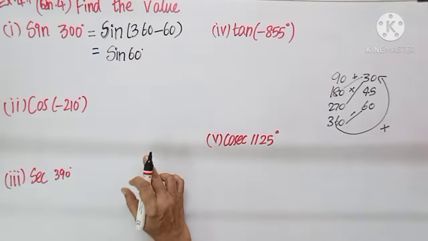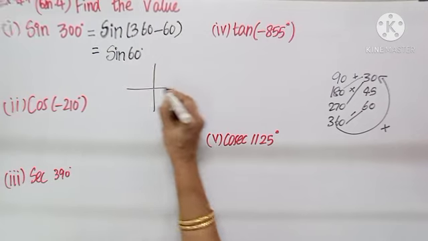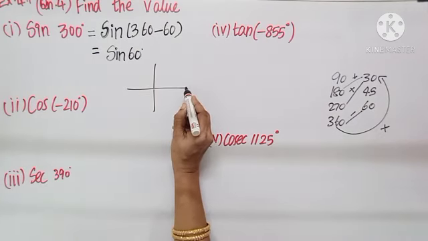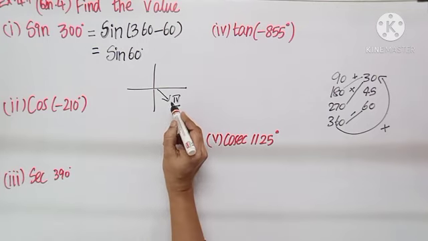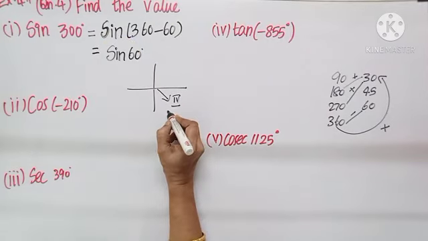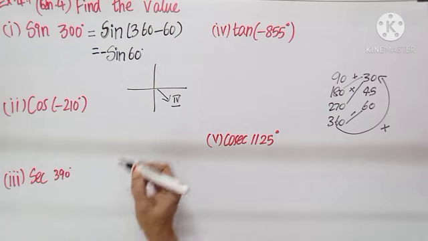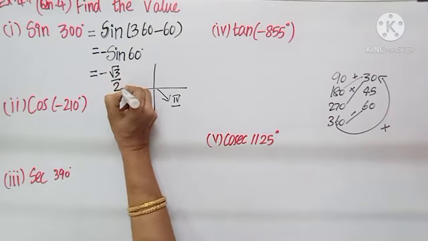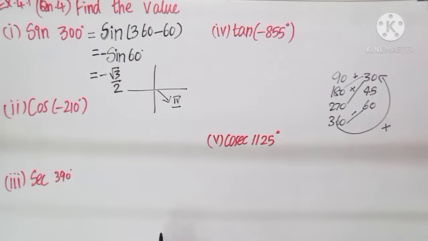It will help us in determining the sign. Remember, in the four quadrants, where 360 minus 60 will come, 360 is here, minus will be in fourth quadrant. Fourth quadrant, sine is negative. So my answer will be minus sine 60. What is sine 60 value? Sine 60 is root 3 by 2. This symbol we put as it is. So what is my answer? Minus root 3 by 2.